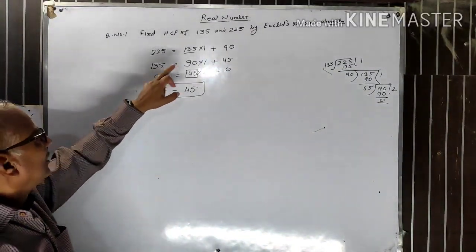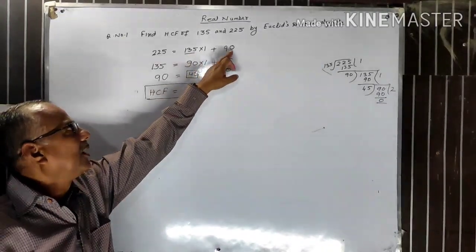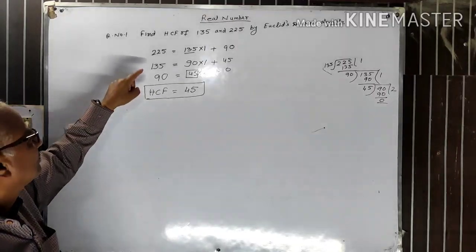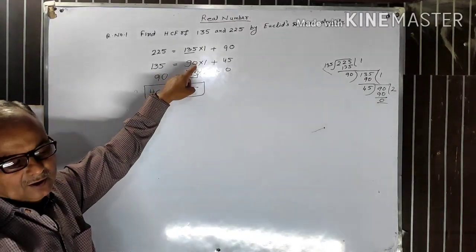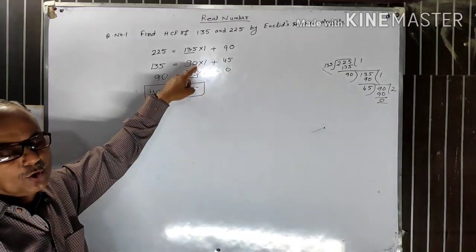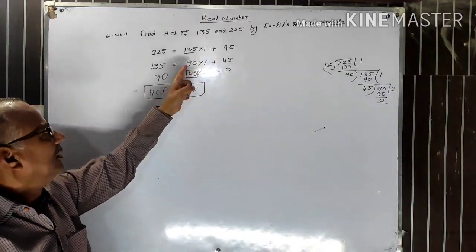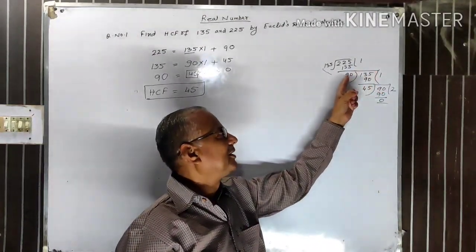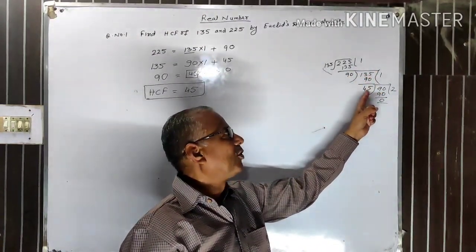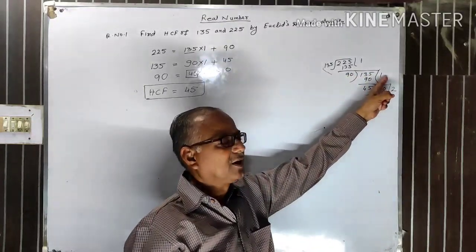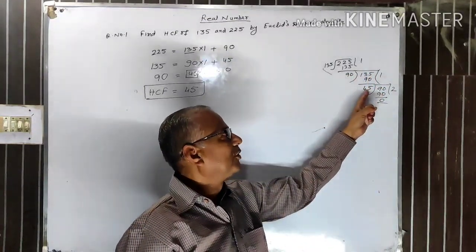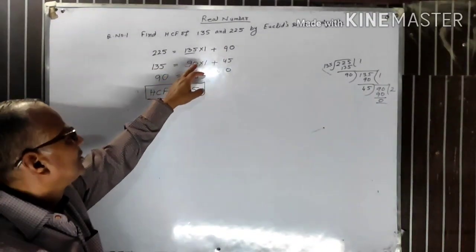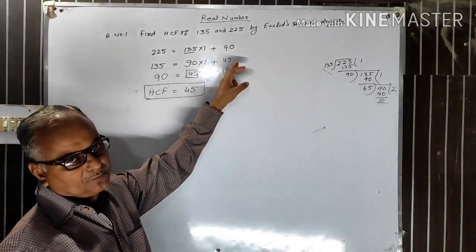Now again you divide 135 by 90: 135 is equal to 90 multiplied by 1 plus 45.